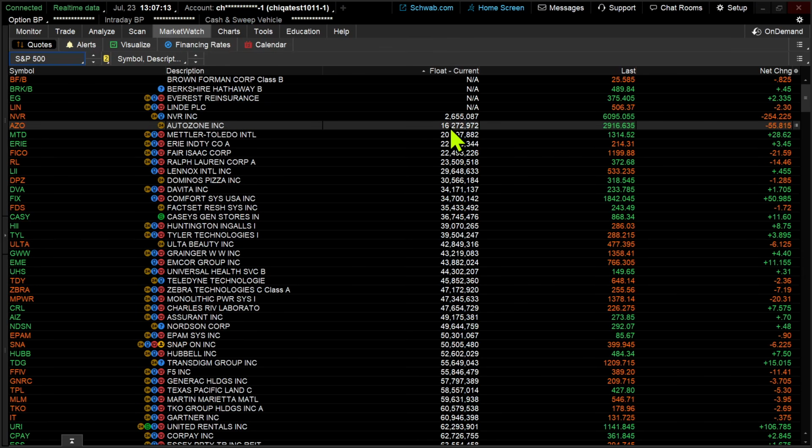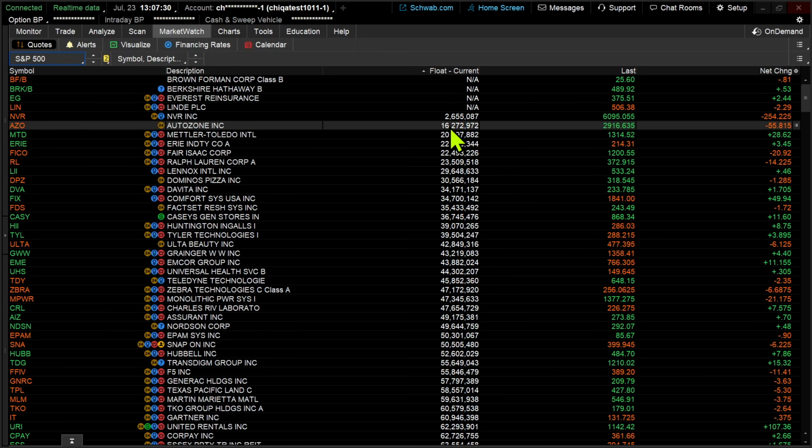So one other thing to think about is that the relative volatility levels, meaning the likelihood of movement for a stock with low float, might be higher than for a stock with higher float.